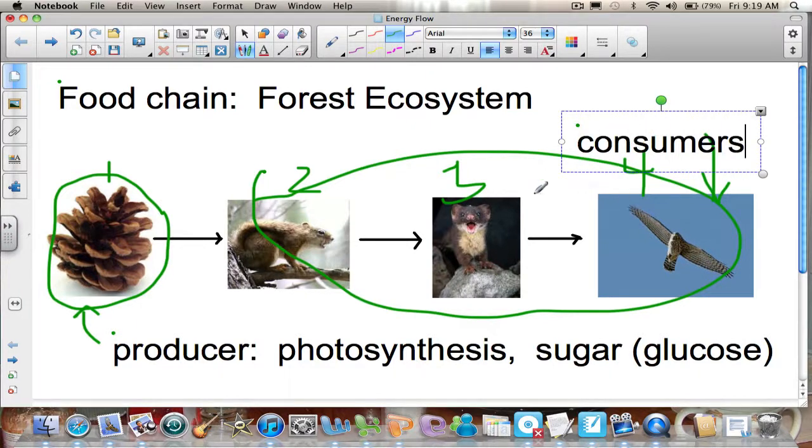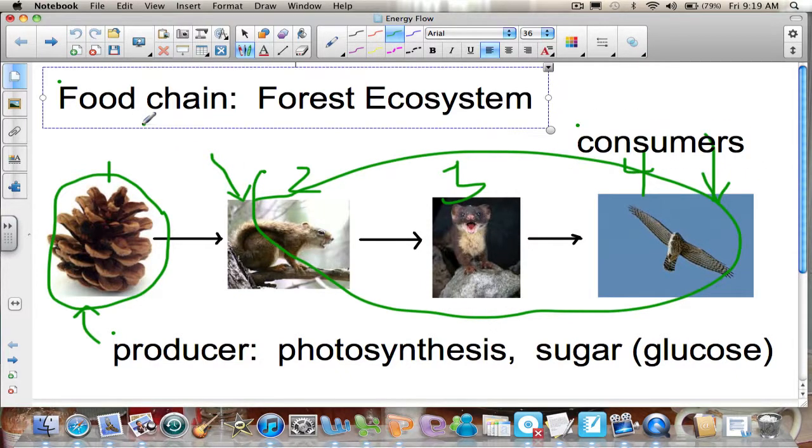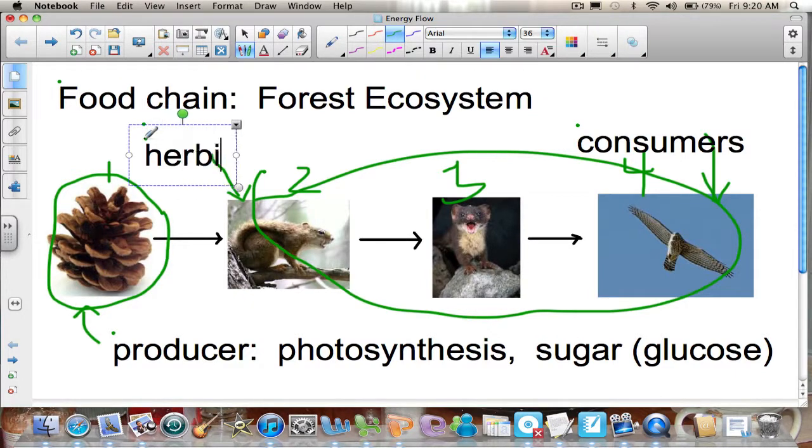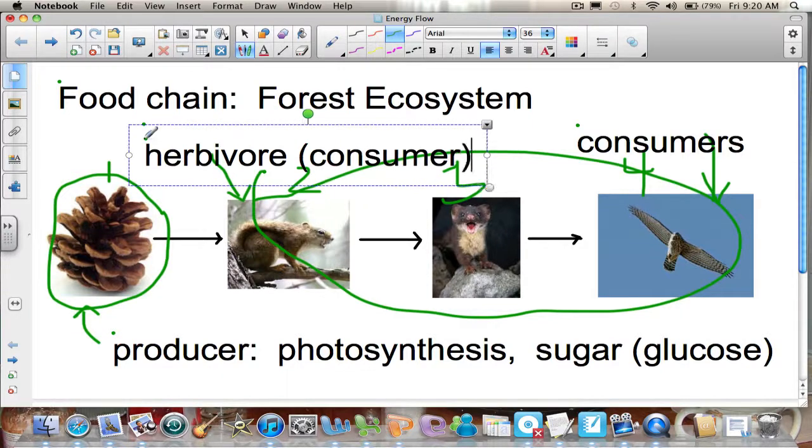Now, within the group of consumers, we can subclassify. This red squirrel only eats plants, and as a result, it is a consumer, which is given the name of herbivore. So it's just a specific kind of consumer.